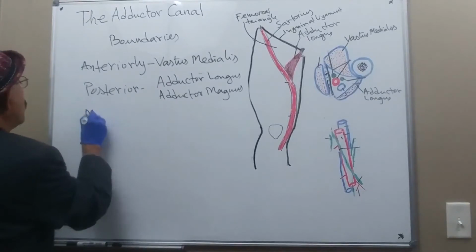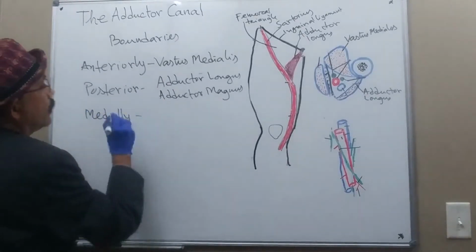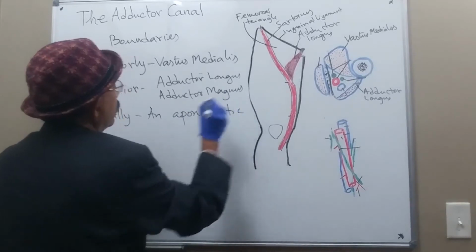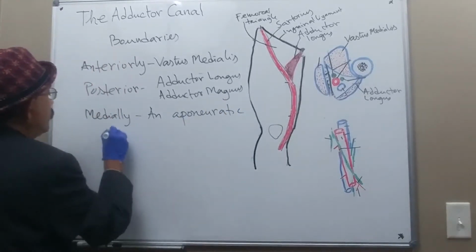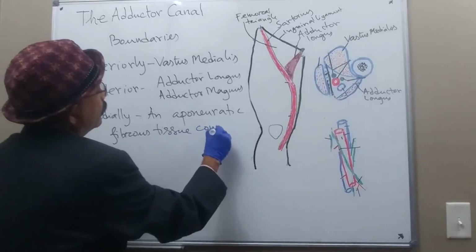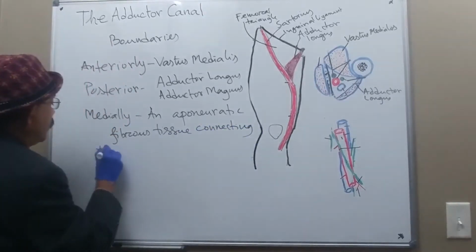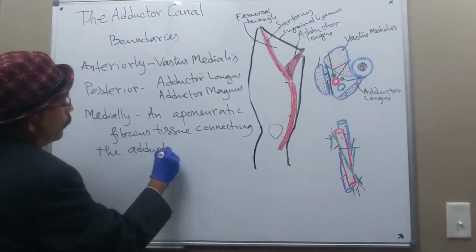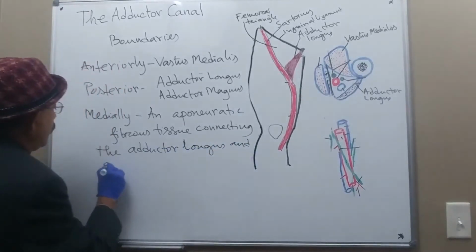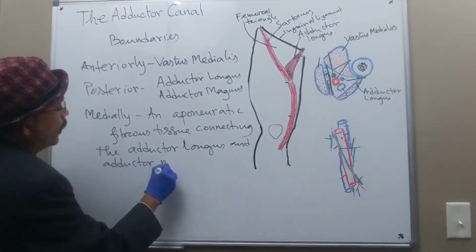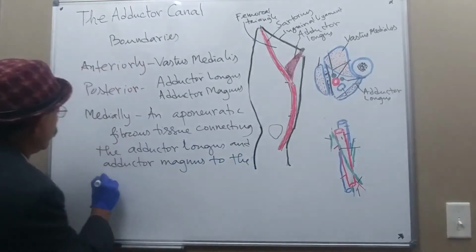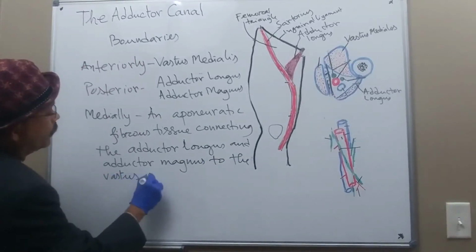Now medially, an aponeurotic fibrous tissue connecting the adductor longus and adductor magnus to the vastus medialis.